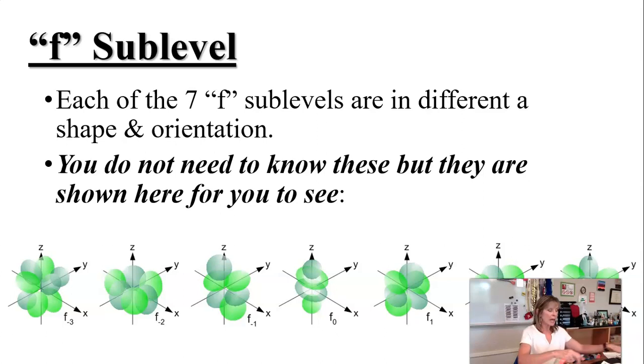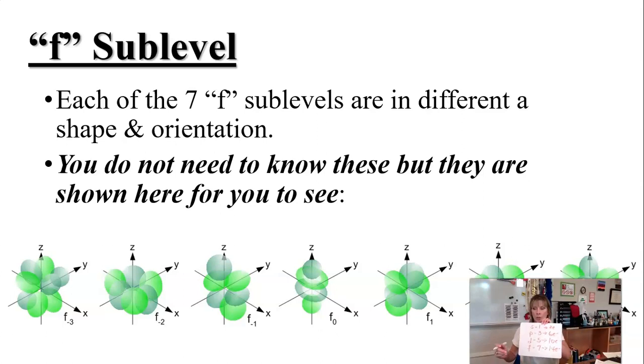Now, the pattern, hopefully you kind of got it: the S has 1 orbital with 2 electrons. The P has 3 orbital shapes, 2 electrons in each, for 6 electrons. D has 5 orbital shapes, 10 electrons total. And the F has 7 orbitals with 14 electrons total.